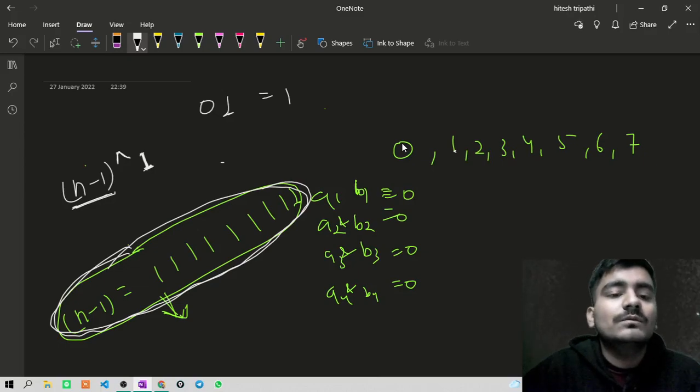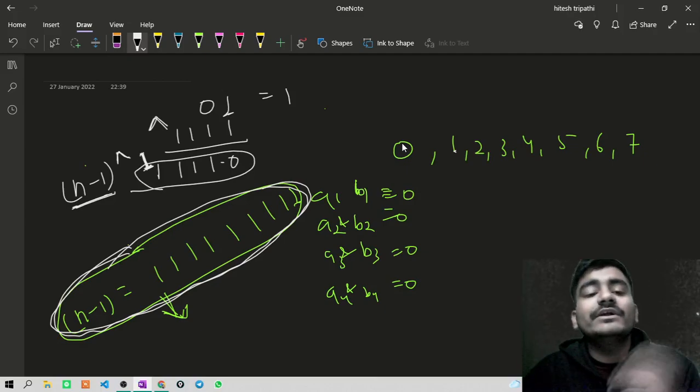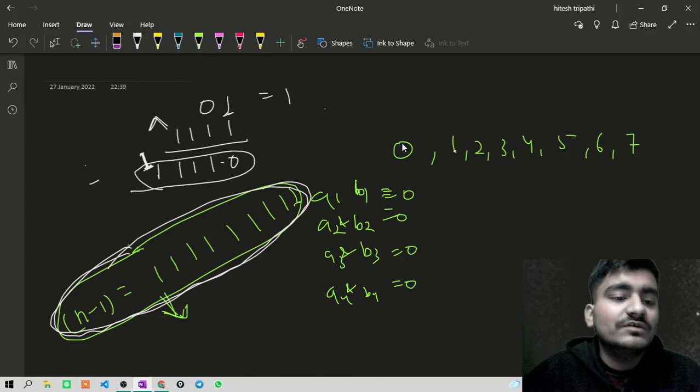So the XOR will simply be equal to 0 1, 1 1 1 in this way. So that is how you can use n minus 1 to get the complement of numbers. So this was the complete thing.